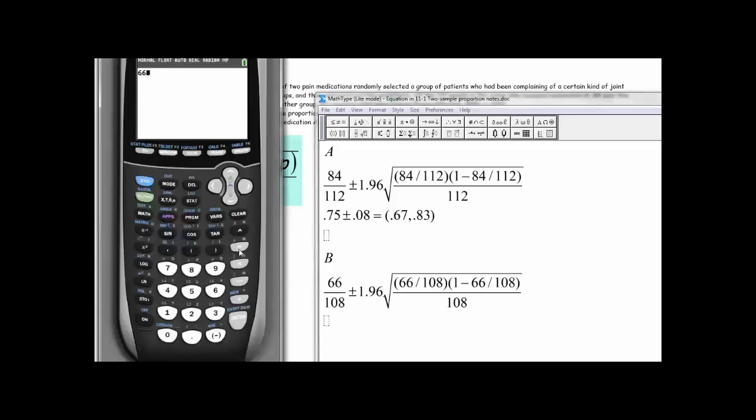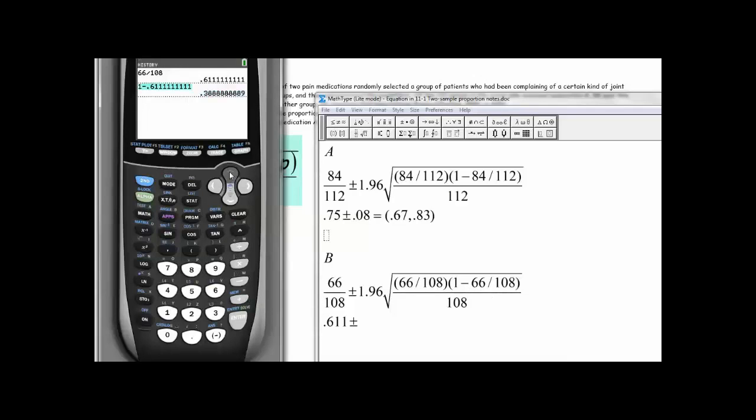All right, 66 divided by 108 is 0.611. And then I want plus or minus what I'm about to find here in a moment. So I'll come back to the calculator. I want 1 minus that decimal, so 0.38. So the two numbers in the numerator here are the 0.61 and the 0.38.